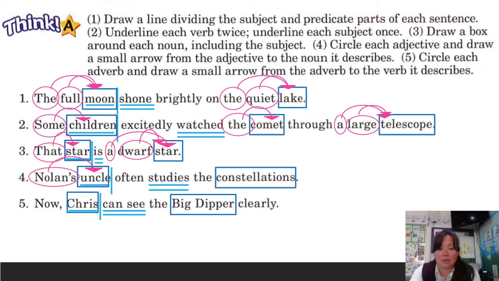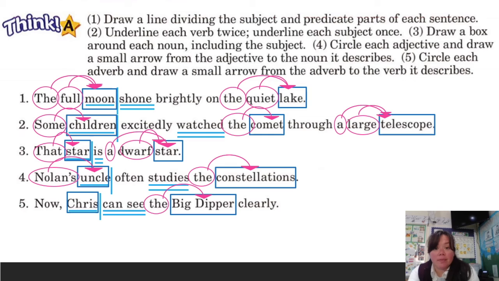It's Nolan's uncle. And then we have constellations over there, and we have the constellations. All right, last sentence. Does anything describe Chris? Nope. And Big Dipper, we've just got the Big Dipper. And that's it for your adjectives, okay?